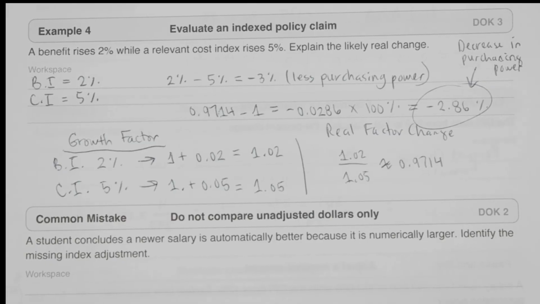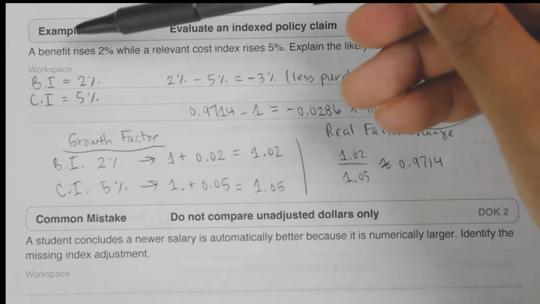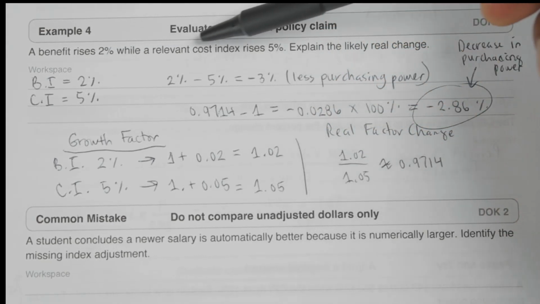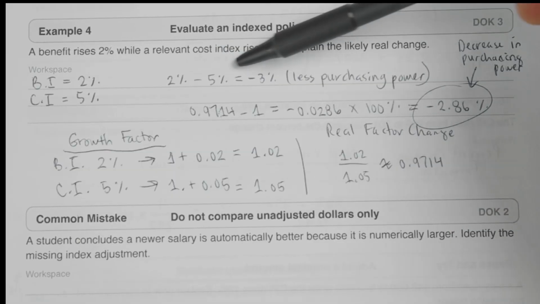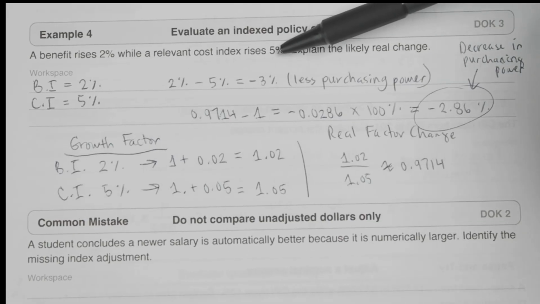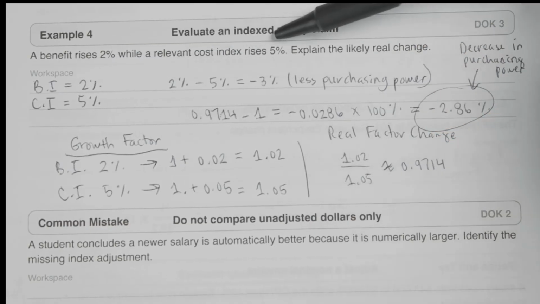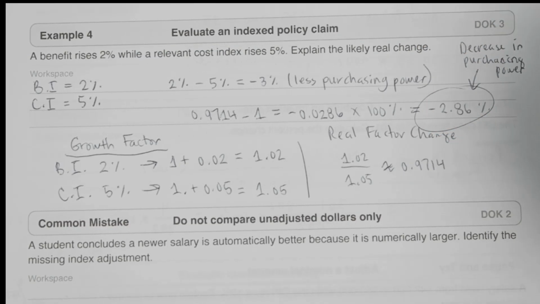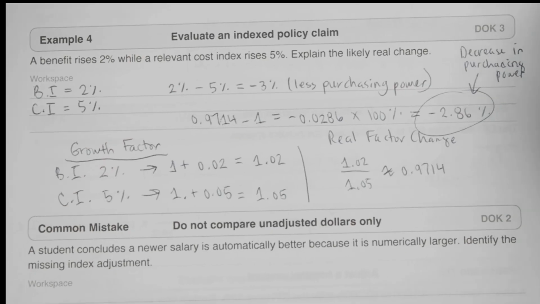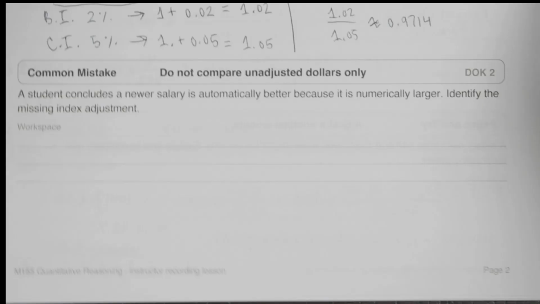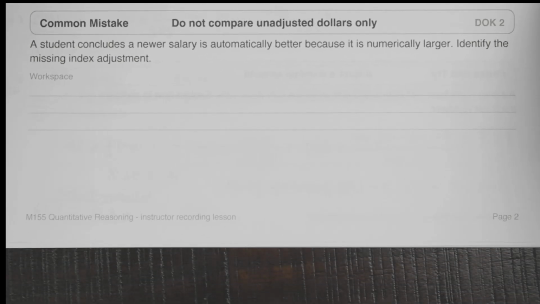But the important point is that a benefit can increase in nominal dollars while still losing real purchasing power, right? Because you're going to see, oh, we got a benefit rise of 2% while the cost index rose 5%. Well, obviously, the cost of items going up 5% and you getting a benefit raise of 2%, well, you're going to be in the deficit. You're going to have to manage your money a lot better, or work more hours, or get a second job. That's how that works, okay?